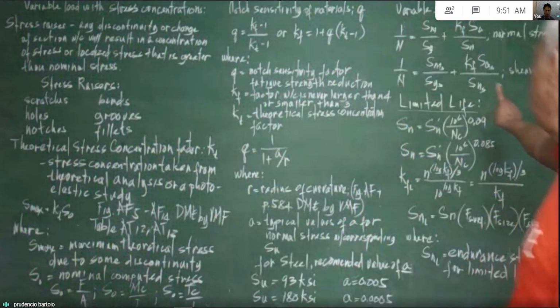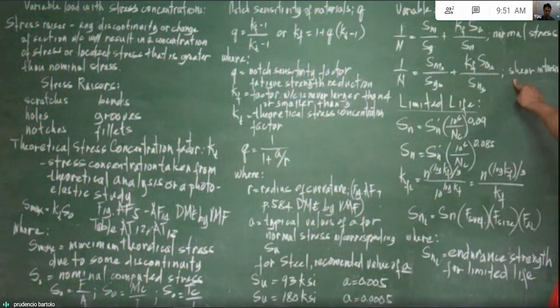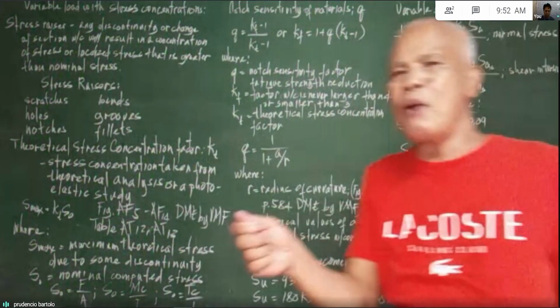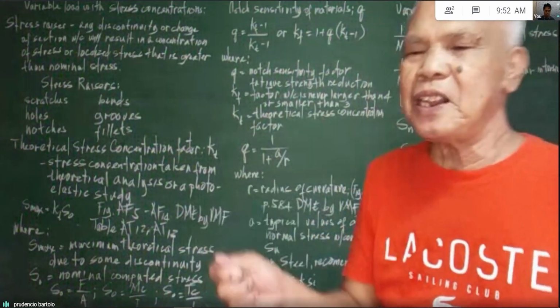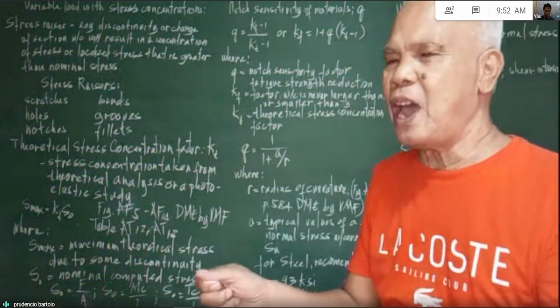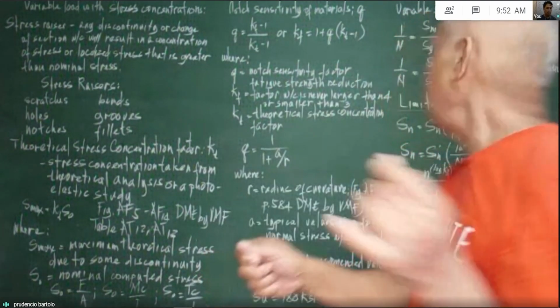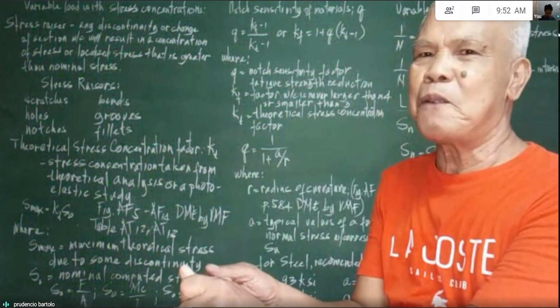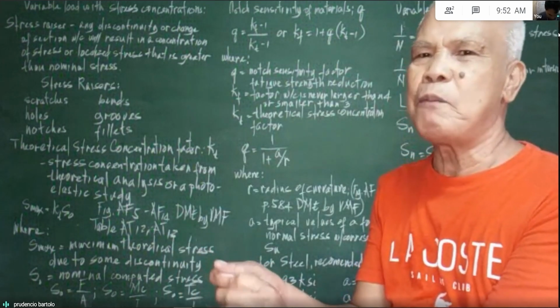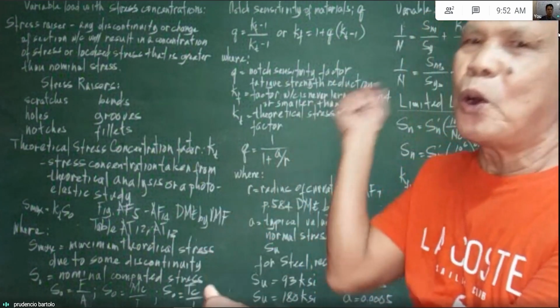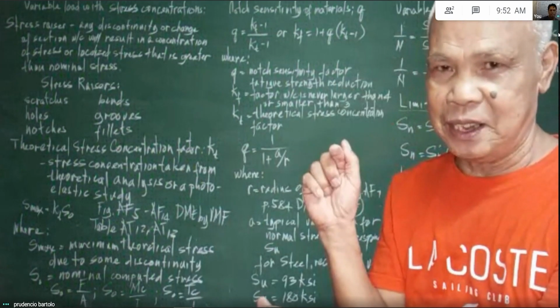Now, for an element subjected to shear in torsion, the factor will now become equal to 0.6.